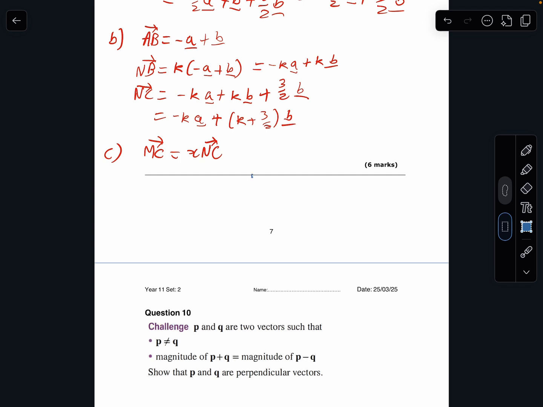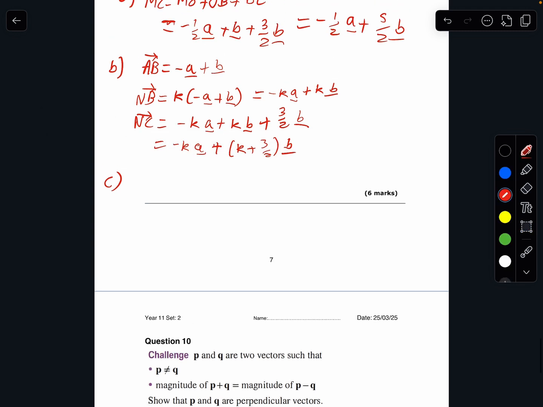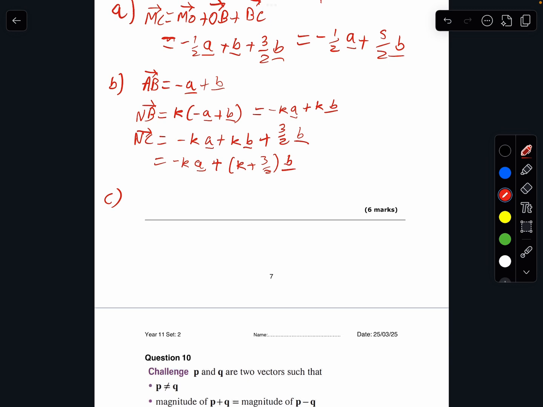The exact same idea, and it works because of the same reasons. I know that N to C, I just worked out to be minus ka plus k plus 3 over 2b. And I'm going to line things up. M to C is minus a half a plus 5 over 2b.